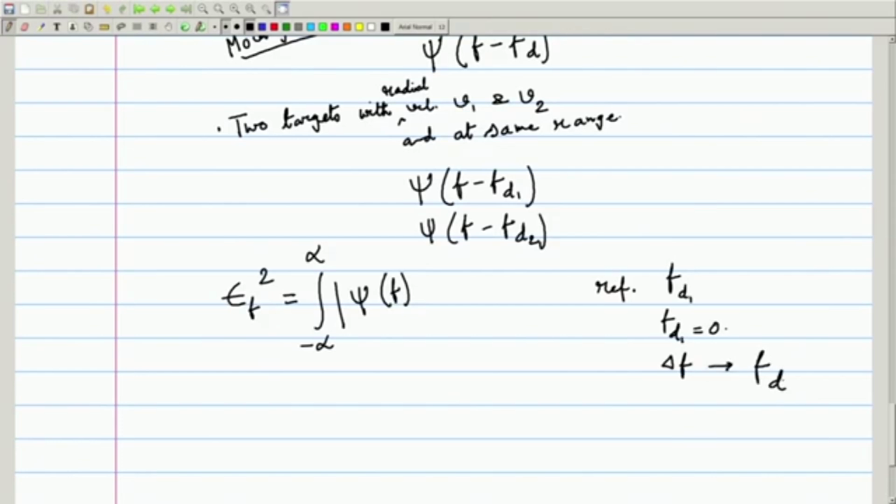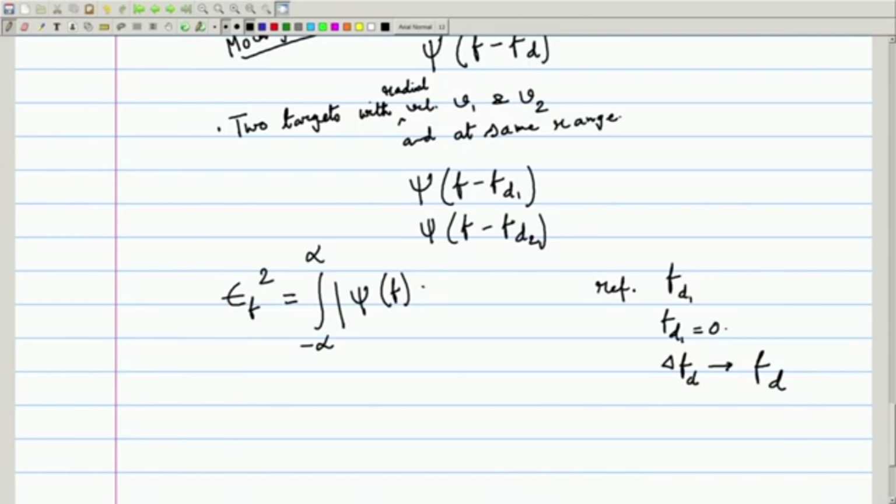Again I am repeating that, f d means the difference of Doppler between the two echoes.